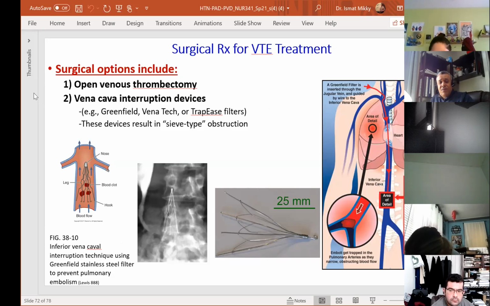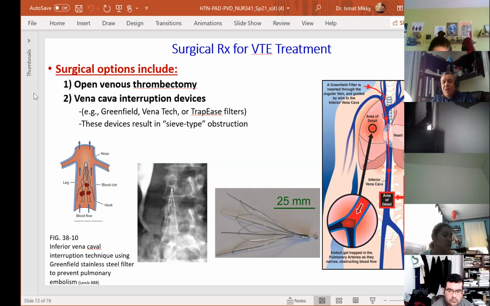Another modality, which is a surgical option here, is thrombectomy, or the insertion of what are called the vena cava interruption devices. You'll see some of these scenarios like patients with Greenfield filters, patients with different types of filters, with different names.